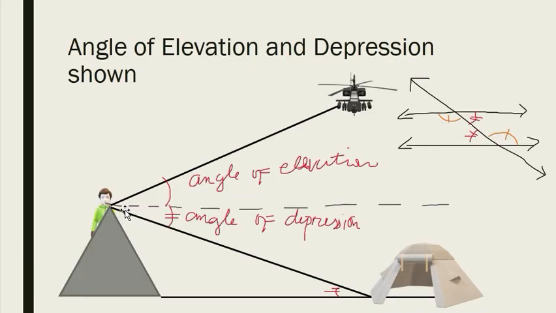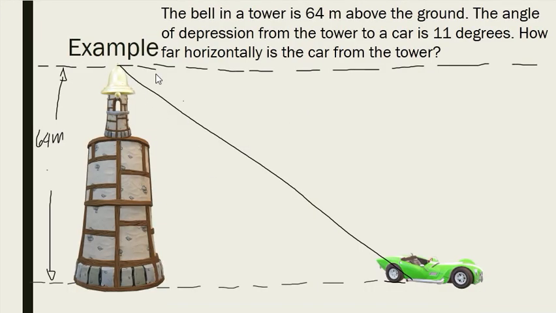So let's look back. The angle of depression is going down, and there's a horizontal line cutting it, and this is our angle of depression. Because if you draw a line going up, that's angle of elevation, but going down is angle of depression. It says it's 11 degrees.